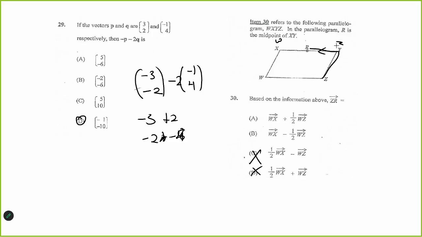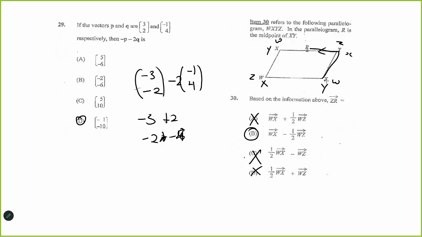If we're going opposite WZ, this will turn to negative, so will not be add, so it'll be B, WX minus a half WZ. Right? This is WZ and this is XY. Right? And this is WX and this is ZY. Right? They are parallel and equal.